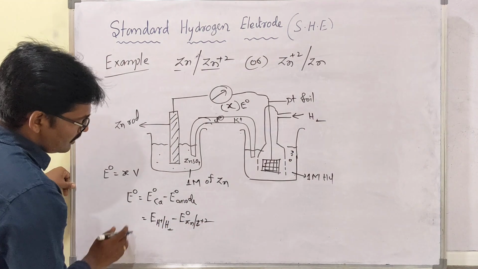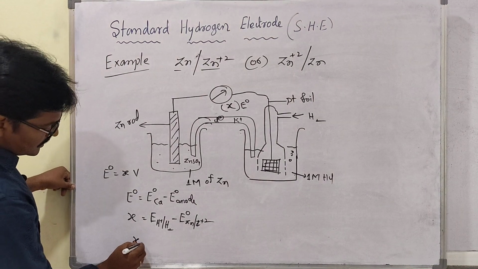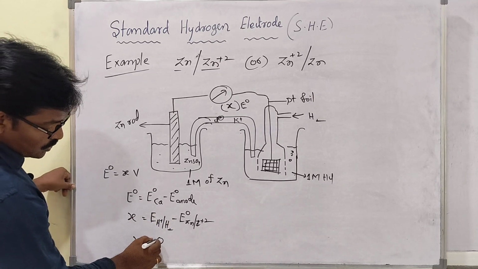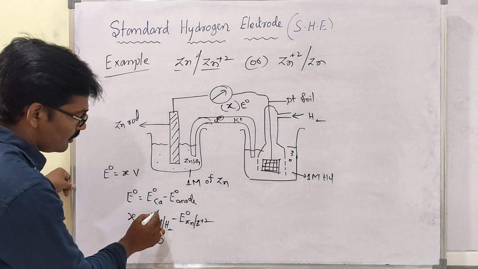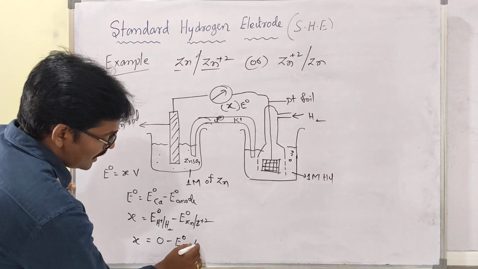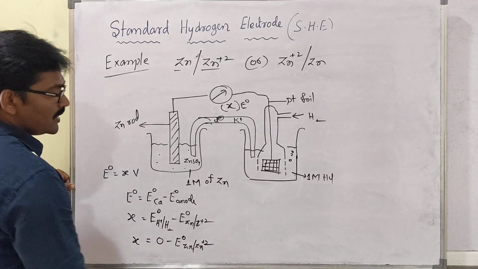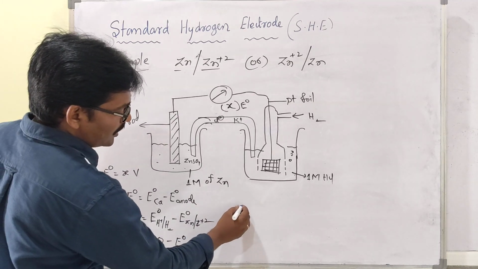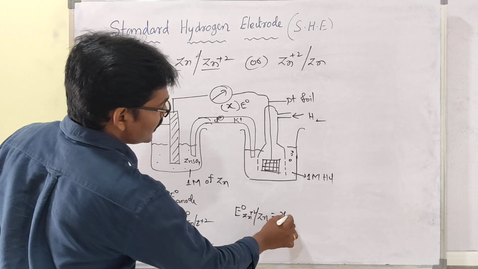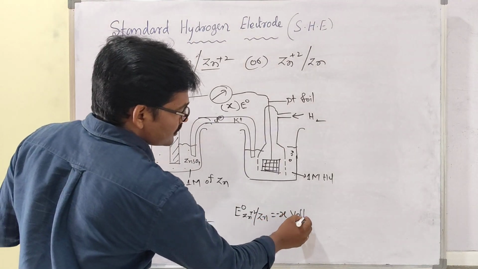Then this is we got X. So X equals the standard reduction potential value of hydrogen, which is 0, I told, right? Then minus E naught of Zn to Zn plus 2. When it is sent this side, X will go that side. Then you get E naught of Zn plus 2 to Zn equals minus X volts.